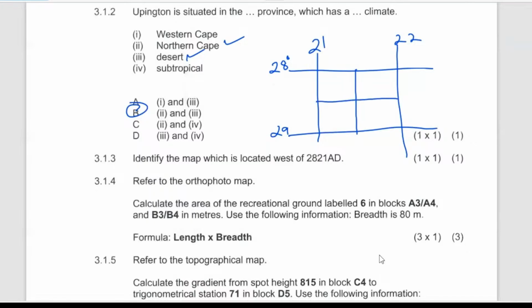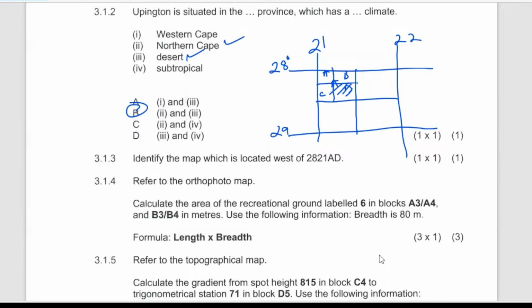This is our bigger block A, and in this bigger block A, we have small subdivisions, which are AA, AB, AC, and AD. So we want a map which is to the west of 2821 AD. Right, our AD is this one here.